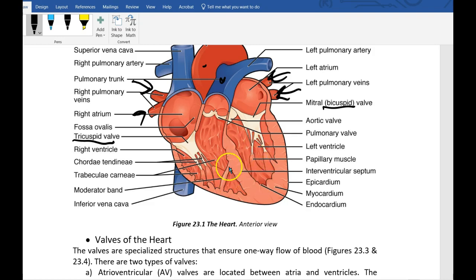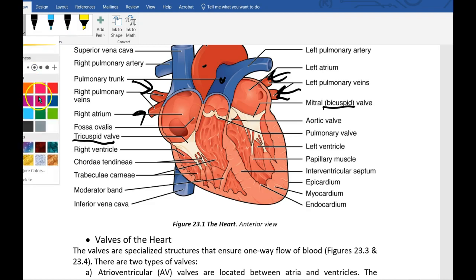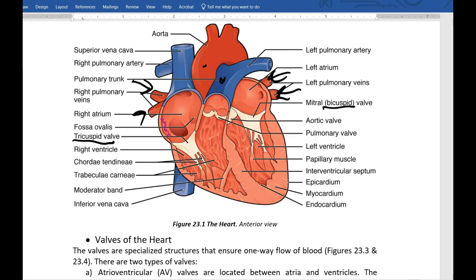I think we've talked about all of that. Oh, one thing I forgot to point out, and this figure doesn't show it at all: in your atria, there is a texture to the muscles in your atrial walls, and this drawing isn't showing up very well.